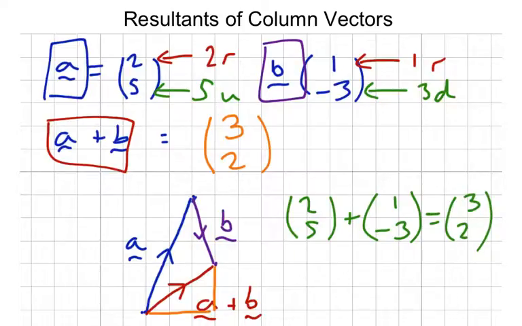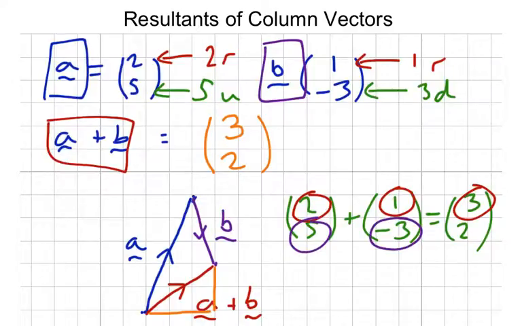And what you should notice is that 2 plus 1 equals 3, and 5 plus minus 3 equals 2. So when we have our vectors in column vector notation, we can just add up the components to find the resultant vector.